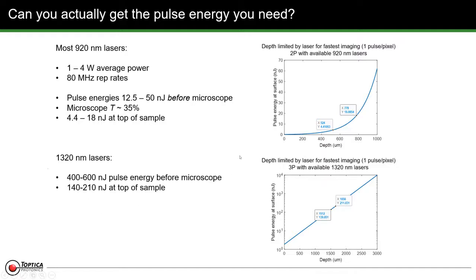Again, your microscope eats some light. But according to this curve, this is on a log plot, you can see you can get down to sort of this 1.5 millimeter kind of depth. And again, you can integrate to go deeper, but this is sort of the limitation if you want to be at the fastest possible, 1 pulse per pixel imaging rates. But yeah, it looks like the available lasers are able to do what you need them to do.